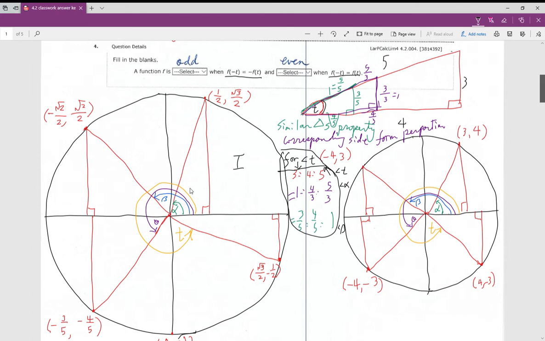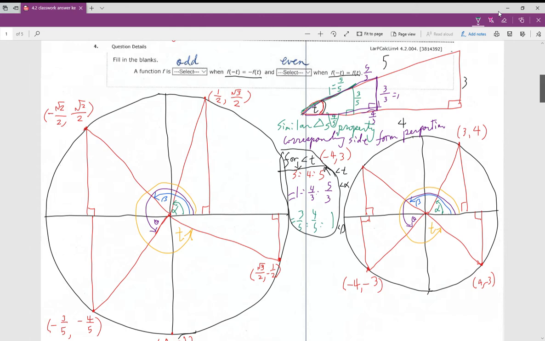Okay, so for now we can just find the sine value and the cosine value here, for this triangle in the first quadrant corresponding to the angle alpha. So let me choose the same answer here.